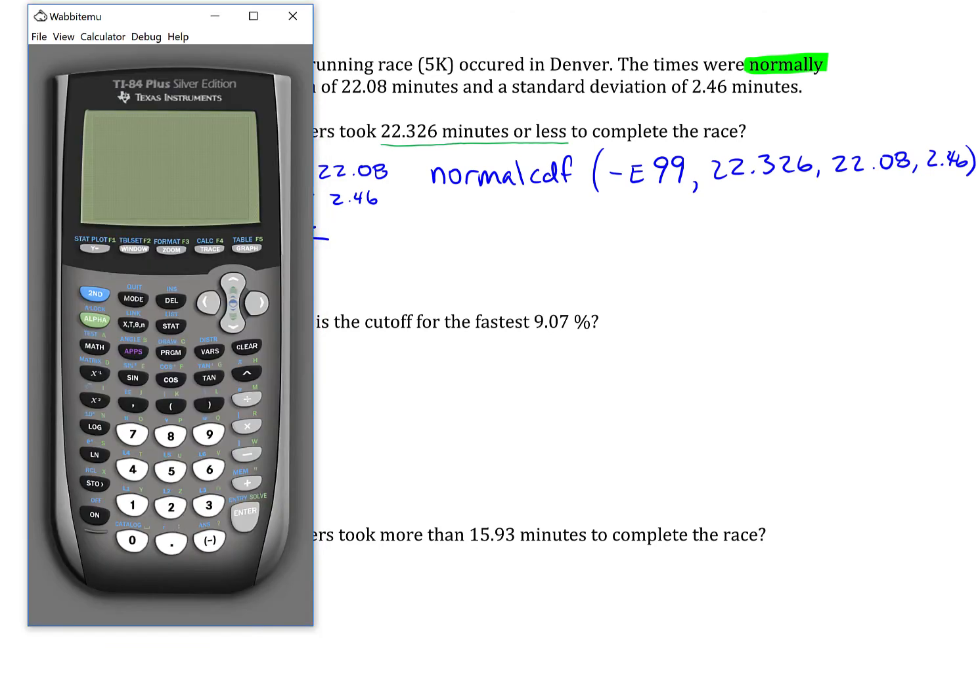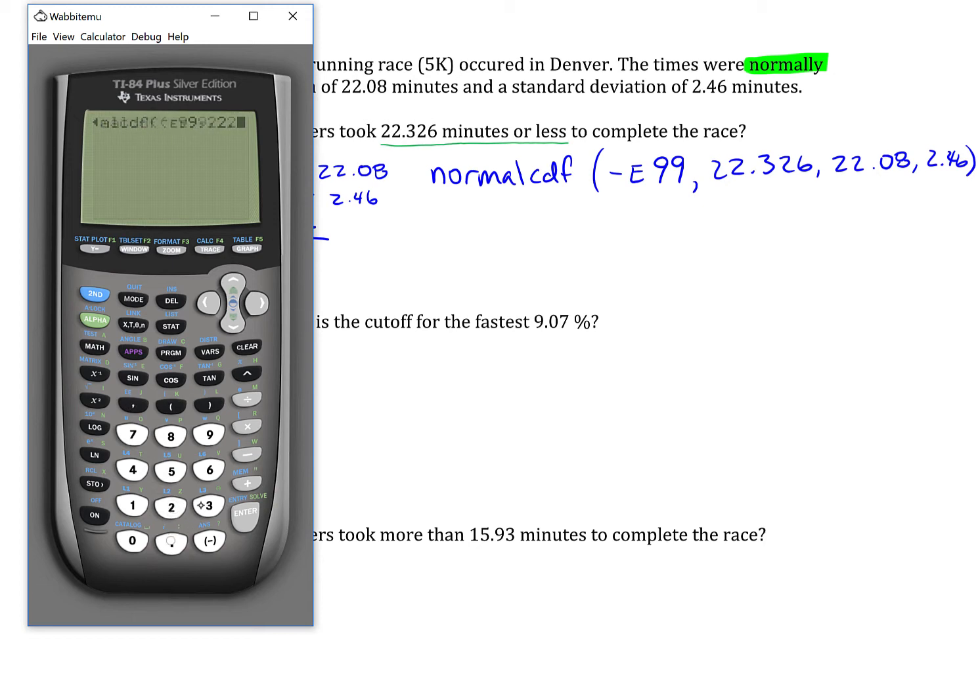Now using the calculator, we'll come up with our answer. Under the distributions menu is where I find Normalcdf, so second, vars. And the inputs I give are negative. Be careful not to put a minus, use the negative symbol there. Then hit second, comma to get an E, then 99.